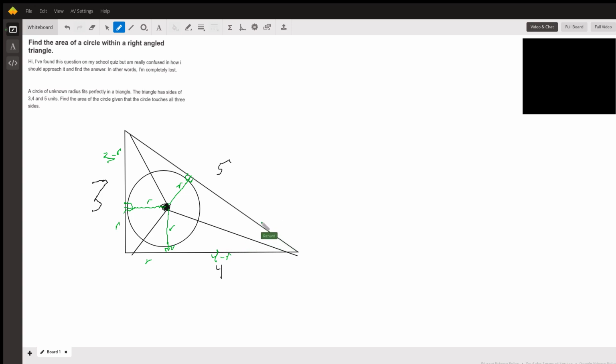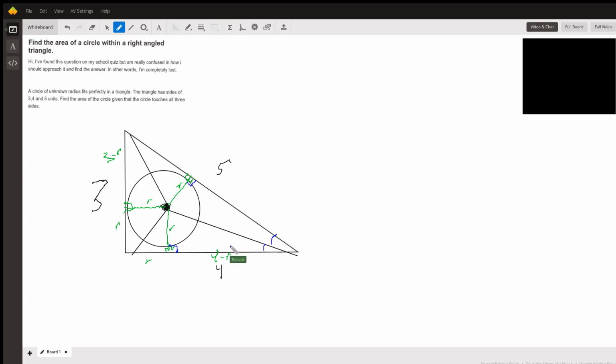So let's use the angle bisector. I'm going to change color now. So this is our angle bisector here, and we do have right angles here and here. And these two right triangles are congruent from angle, side.